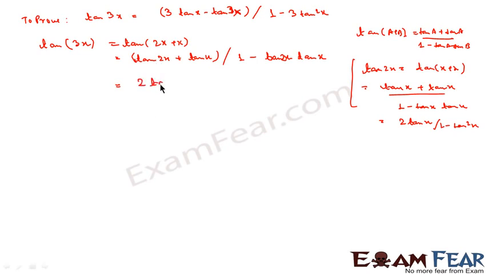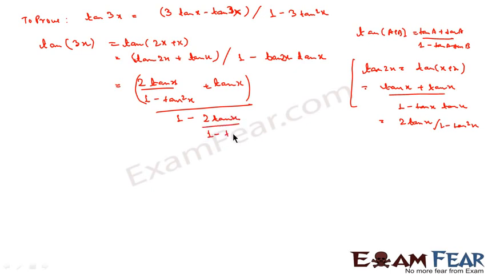So this will be 2 tan x by 1 minus tan square x plus tan x, this whole thing divided by 1 minus, again tan 2x, I can say 2 tan x by 1 minus tan square x into tan of x. This is what we have got.